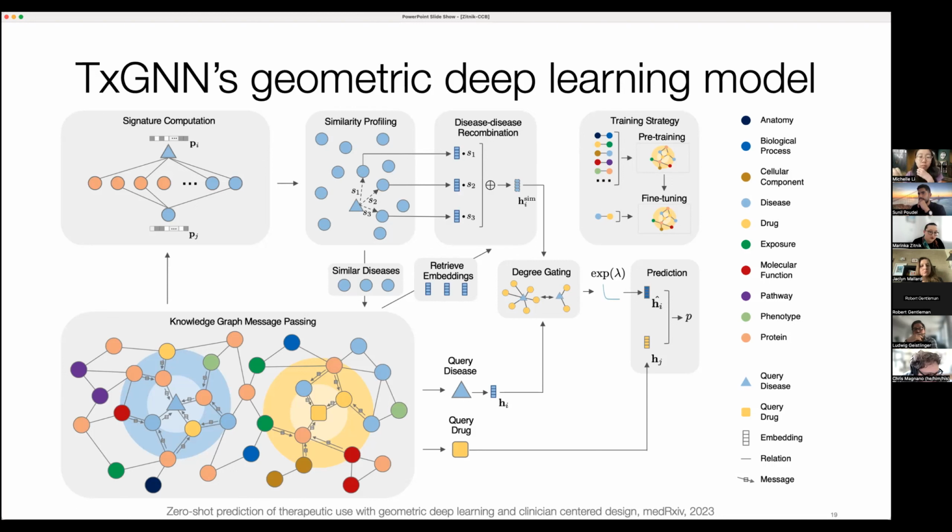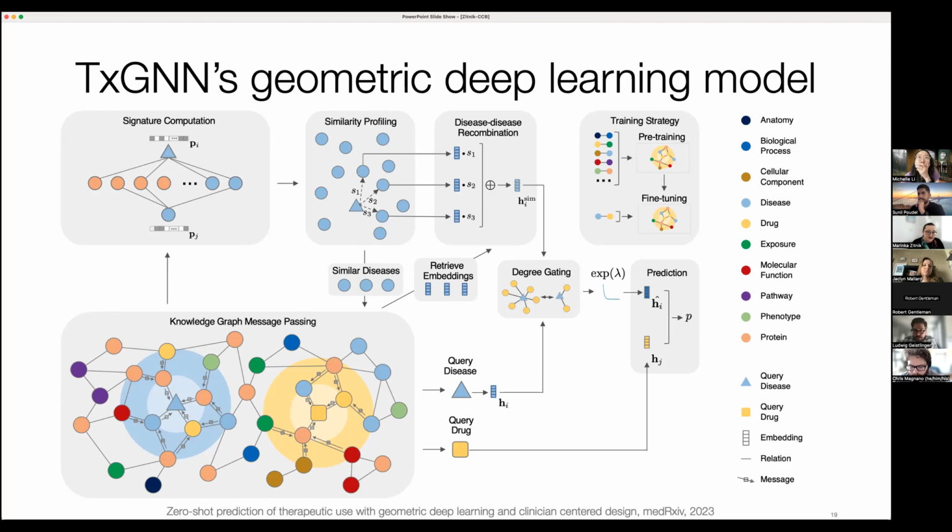Those are called neural messages, in such a way that this process will result in really powerful, meaningful representations of diseases and drugs that one can then leverage in the latent space to answer queries around diseases and drugs.